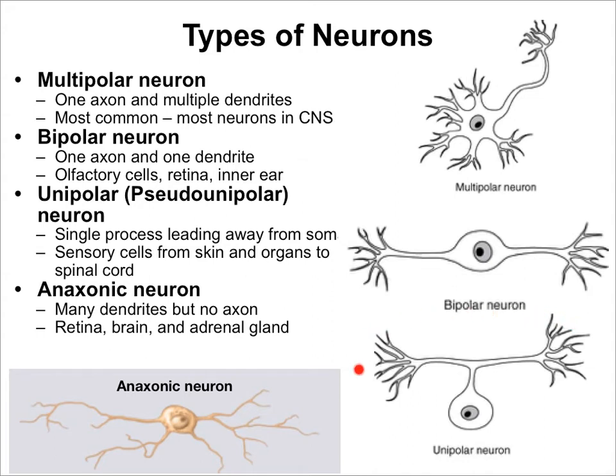Down here, we have a unipolar or pseudo-unipolar neuron. It's unipolar because you can see here the soma has a single projection coming off of it. That projection connects to the axon, effectively. Over here, we have the dendrites, which are usually going to be receiving information from sensory input.